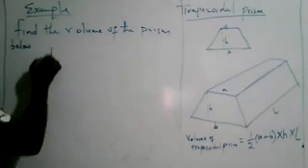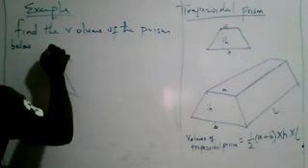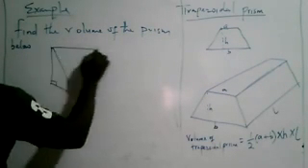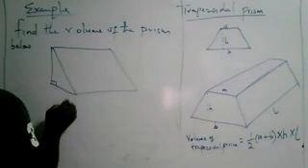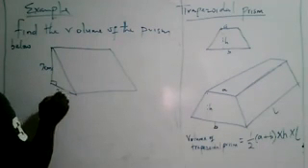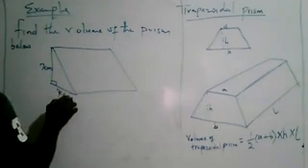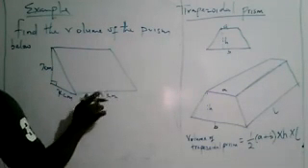So in this case, the right prism, we have this. And they said this is 7 cm, 4 cm, and then 12 cm.